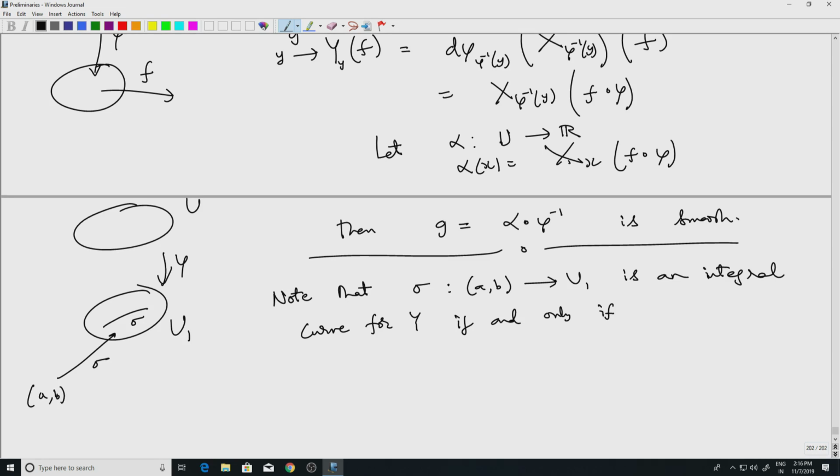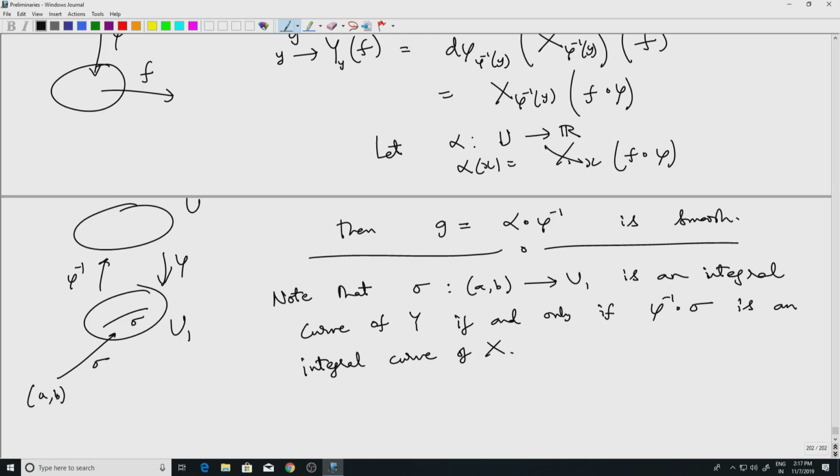So I can use phi inverse to get a smooth curve in U. And the claim is that sigma is an integral curve of Y if and only if phi inverse composed with sigma is an integral curve of X.